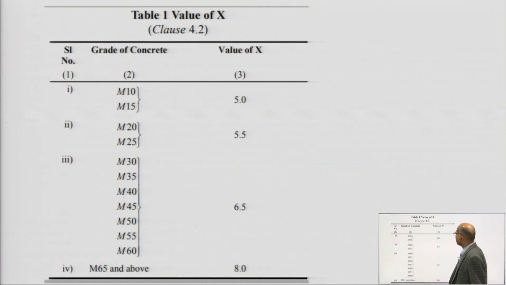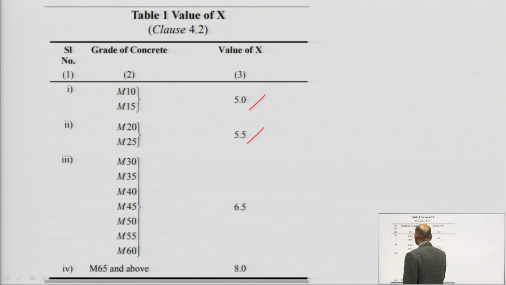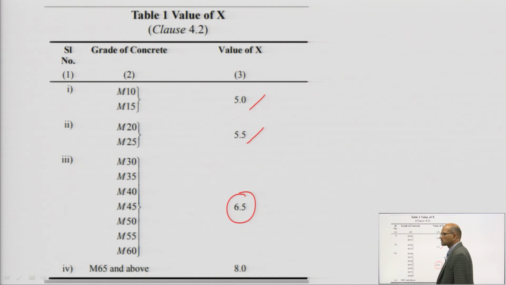If you have M10 to M15 grade, you have to take 5, M20 to M25 you have to take 5.5, M30 to M60 is a standard concrete. Suppose you want to design M30 to M60, then the minimum value you have to increase is 6.5 to the characteristic strength.